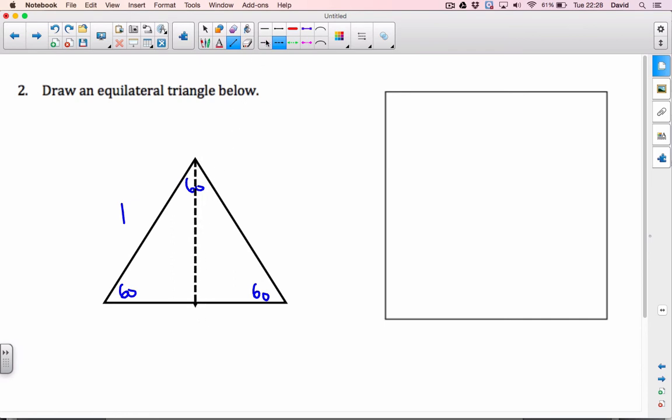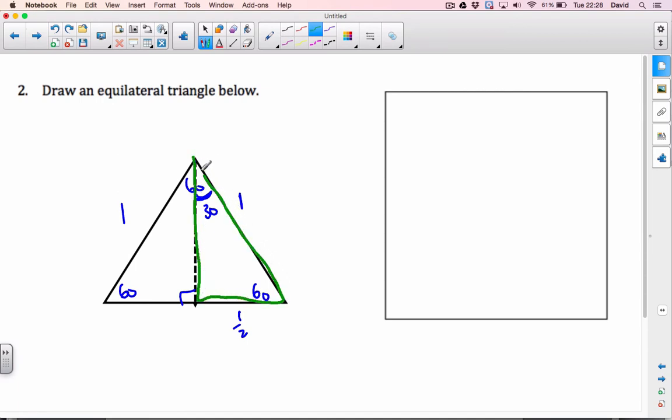Okay? And when I draw that on there, I create a right triangle where this angle here is 30. This length is still 1, but this length now, the altitude cuts it in half. And so I'm only looking at this green triangle here.